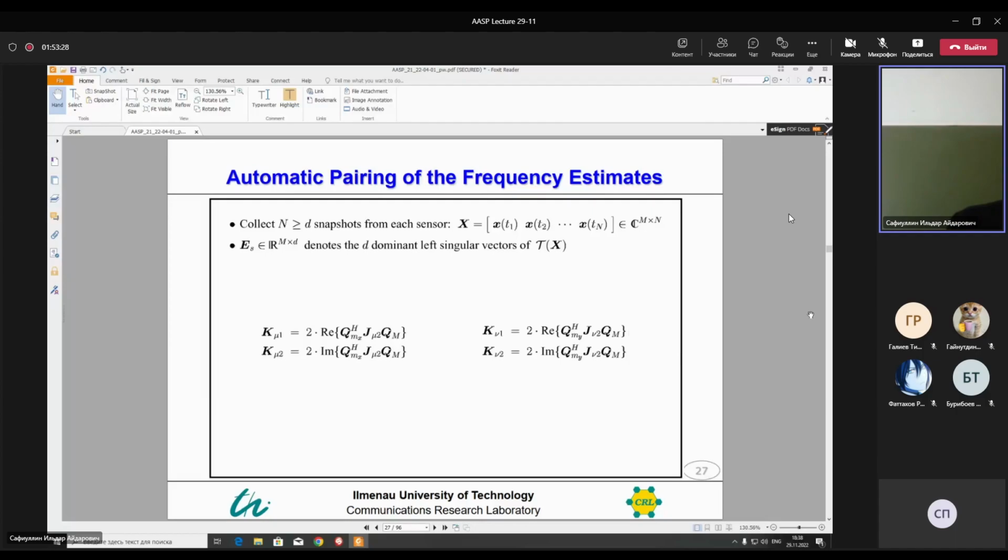Then let's write what we will have for the shift invariance equation in this case.